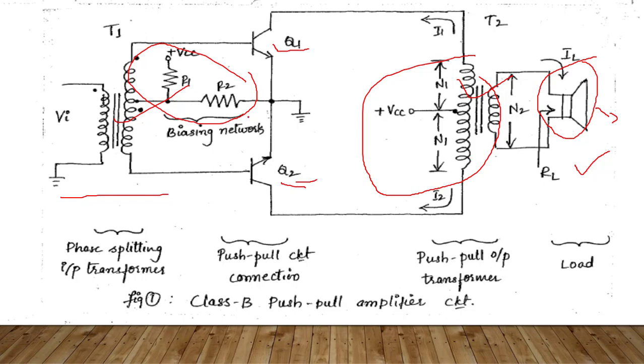The aim is that the 180 degrees of the positive side has to be done from one transistor, so we have to give one phase. For that we use T1 for one phase to that transistor and the other phase to Q2. Whatever output we get, we merge using the second transformer and give it to the load. Okay, this is all the concept of power amplifier class A and B.